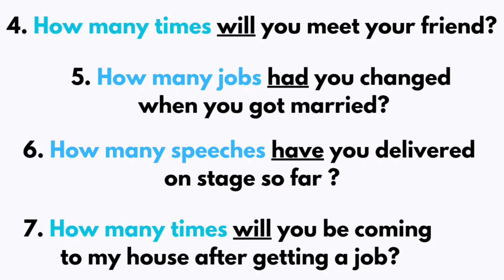How many jobs had you changed before you got married? So I had changed around 3 jobs before I got married. I can say like that, okay? Here I'm not using how many times because I want to be specific. So jobs means plural noun, okay?